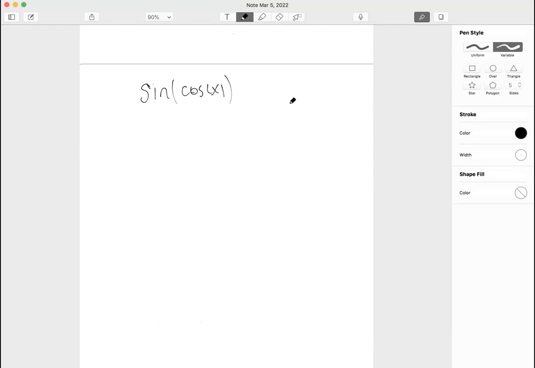So when you have f of g of x, the derivative is f prime of g times g prime. What would your f be? What is the bigger function that you're plugging into?